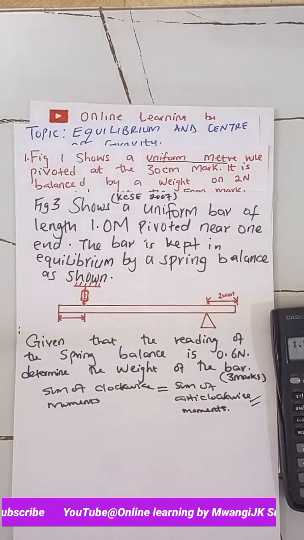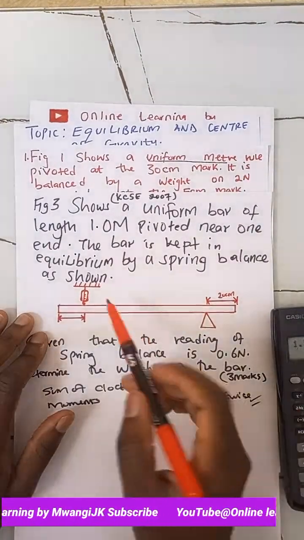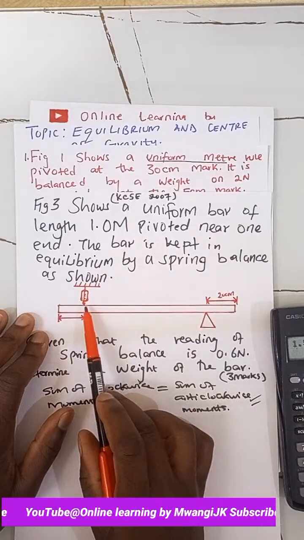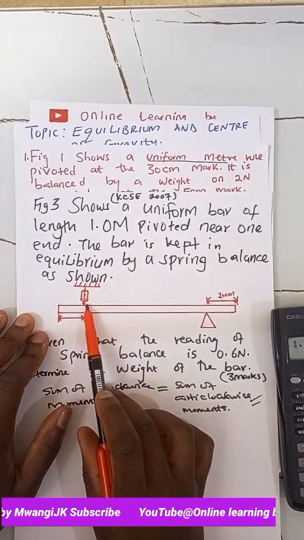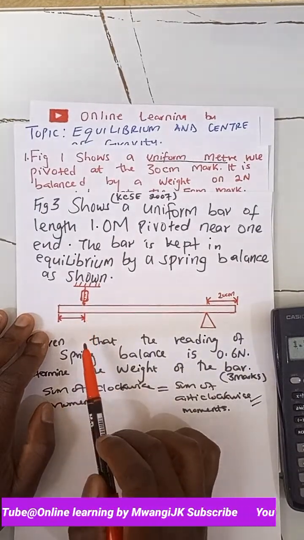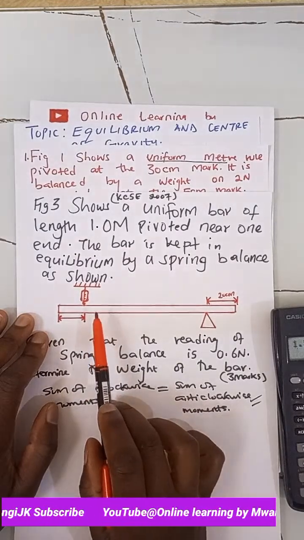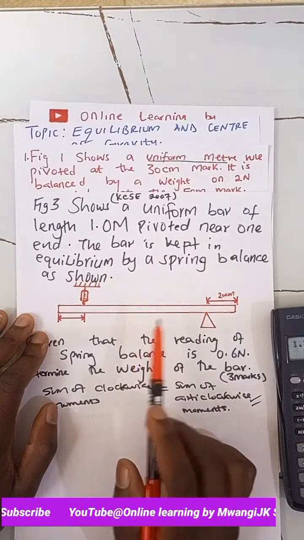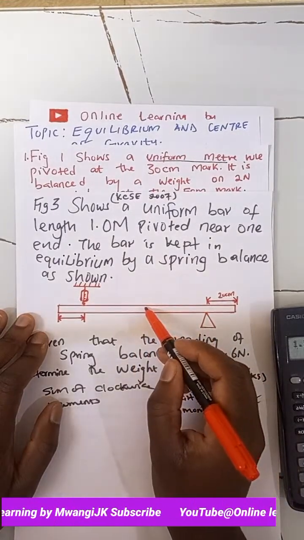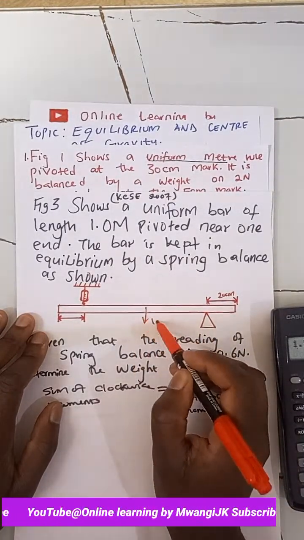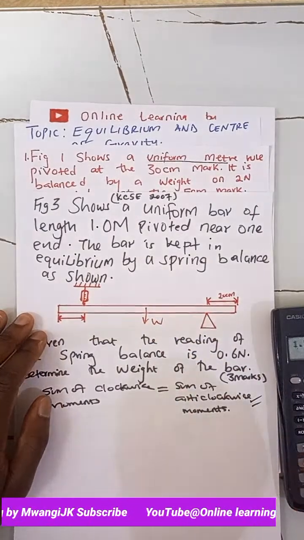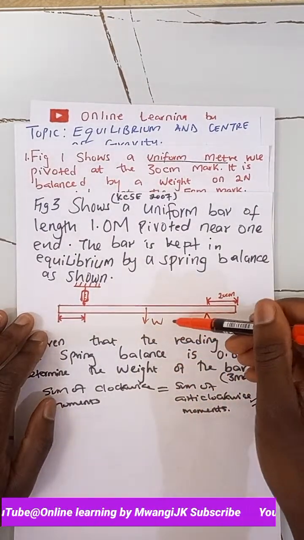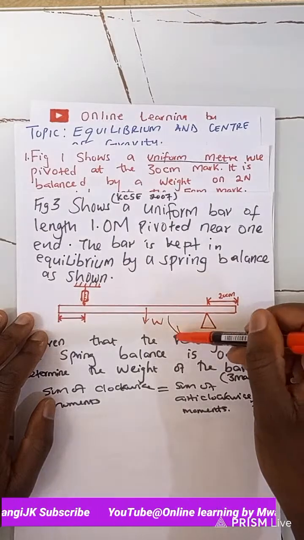The spring balance is holding the bar from falling off, so it is offering the anticlockwise moment, because if this is the center, the weight is acting at this point, so the weight is moving in an anticlockwise manner.